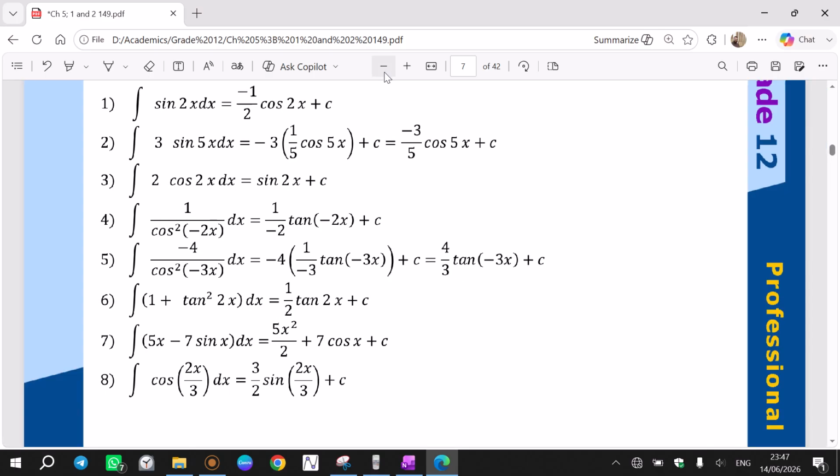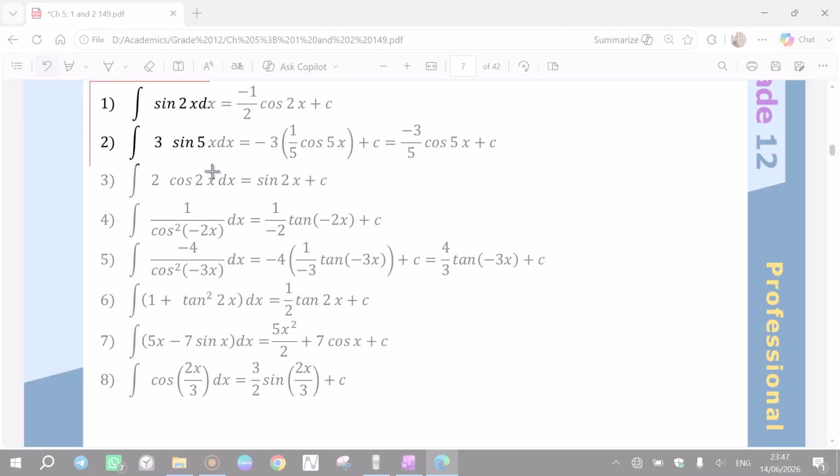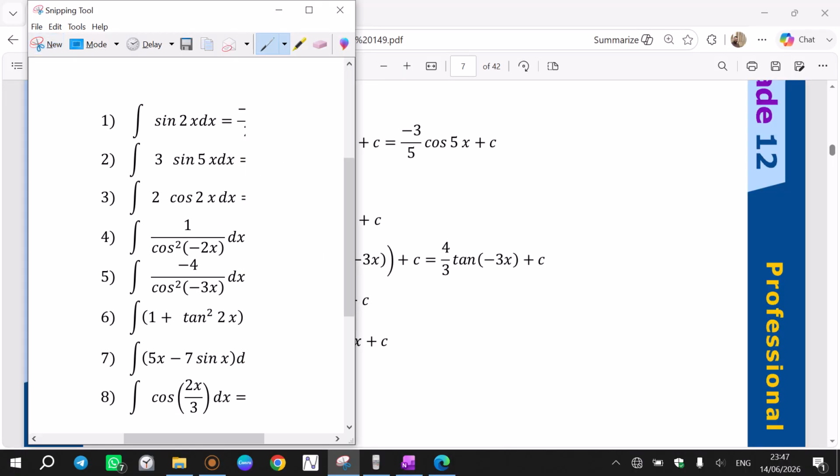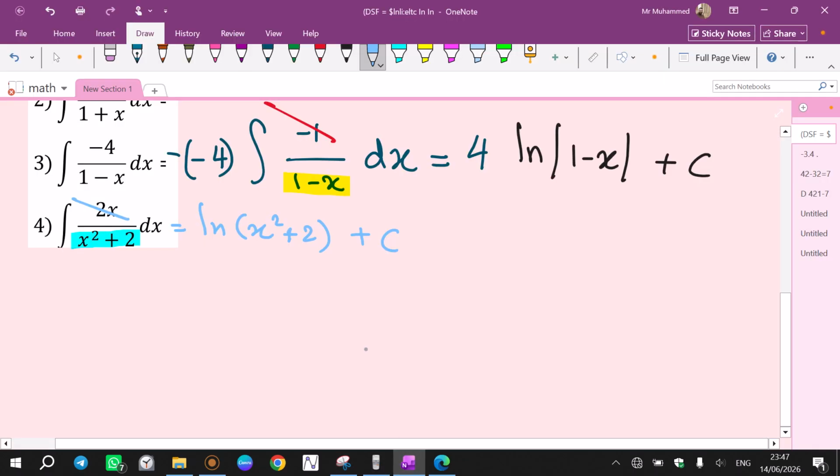I wrote them, and there have been questions similar to these in those areas. Let's take them and solve them in the notebook. Okay, we need the questions. Writing dx or not writing dx for multiple choice questions is not a big deal.